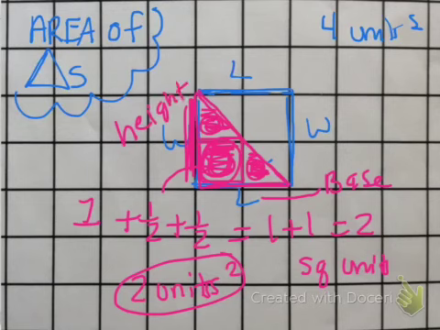So if we took our base here, which was 2, and our height, which was 2, we could multiply 2 times 2 to get 4. However, 4 is the amount of the entire square. We don't want the entire square, we just want half of the entire square.